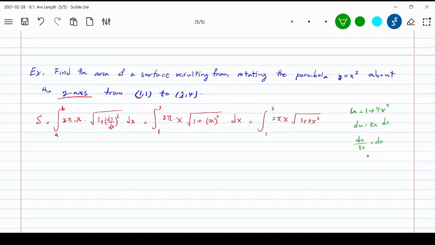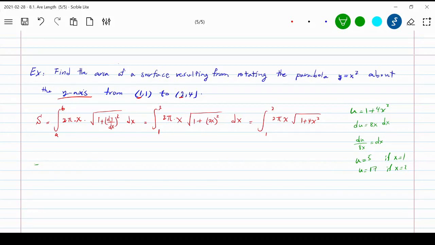And you can update the boundary. If x equals 1, what happens to u? If x equals 2, what is the u value? If x is 1, you would get 5 for u. If x is 2, then you have 2 squared times 4, 16, plus 1 is 17. Get the u to be 17.